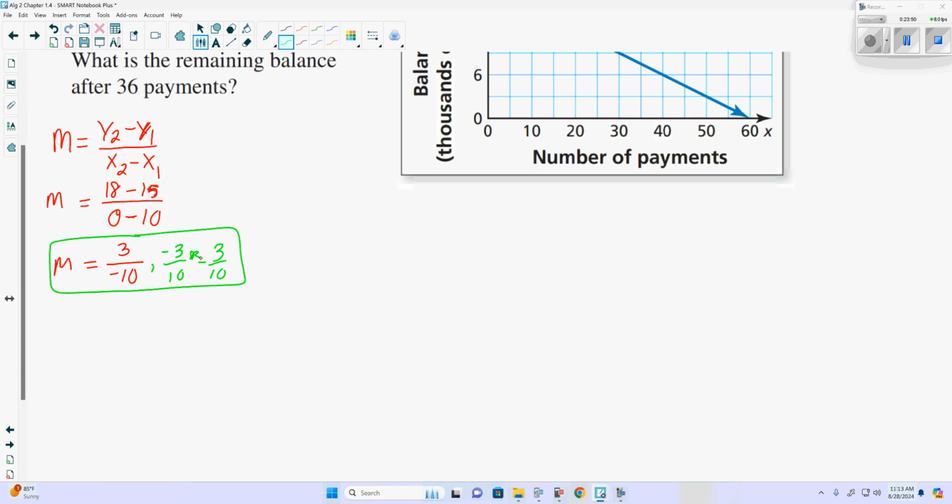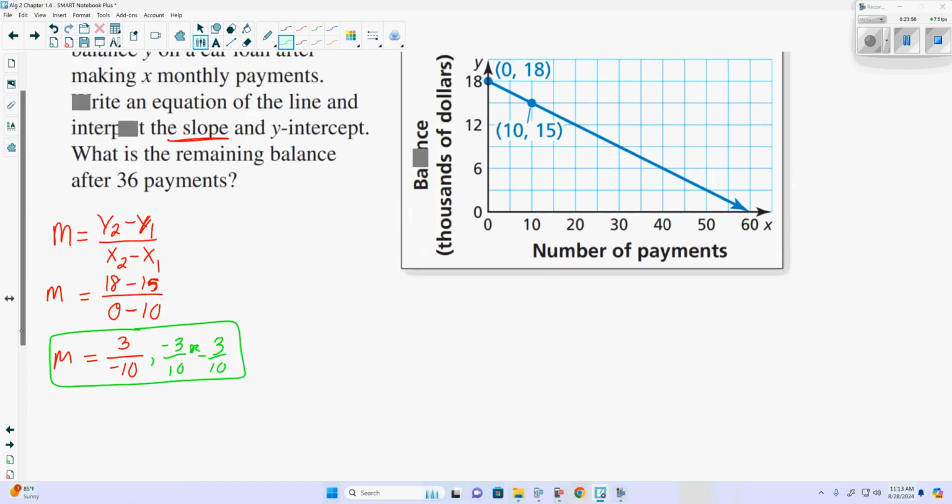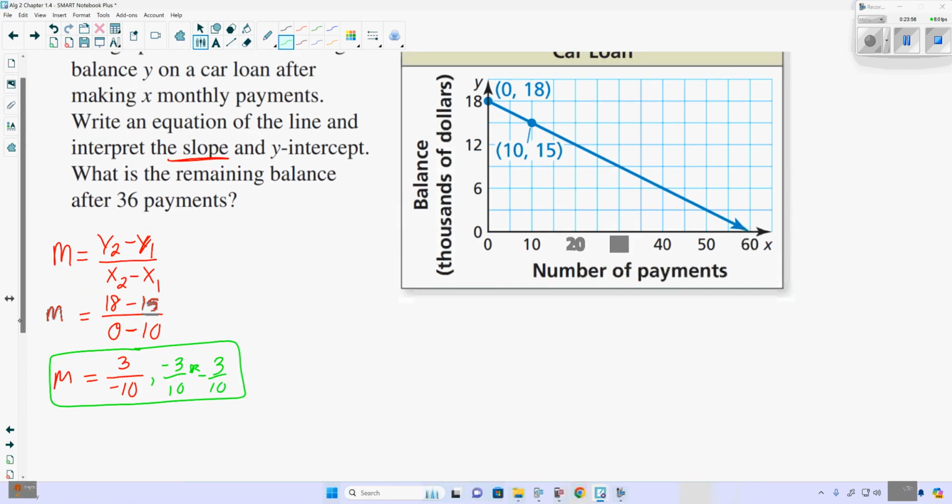Let's interpret the slope. So the y value is the balance in what? Thousands of dollars, yes? The x value is our number of payments, yes? So we have negative 3/10, yes?